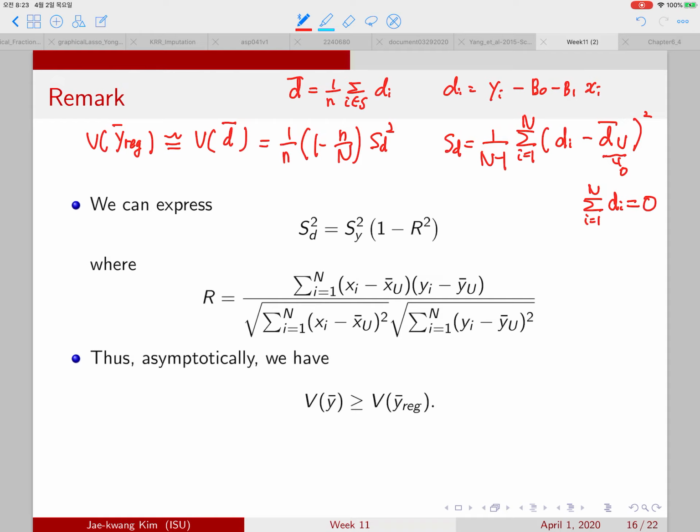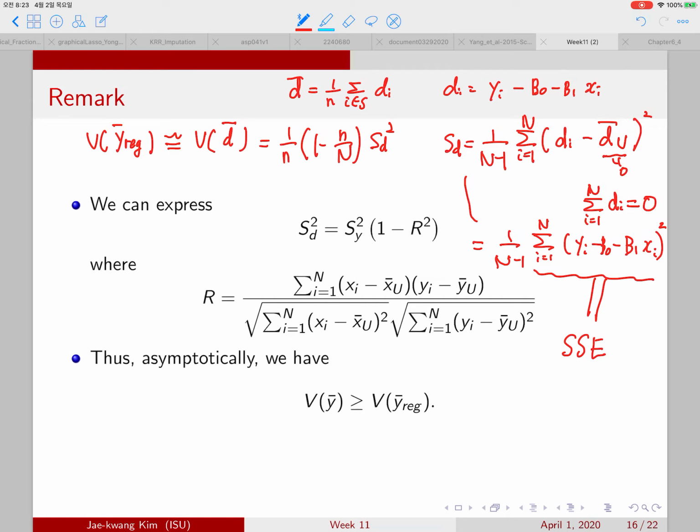So the property of the residual will satisfy this property. So that means 1 over n, y_i minus b0 minus b1 x_i square. And this we call the sum of square error, sum of square residual.